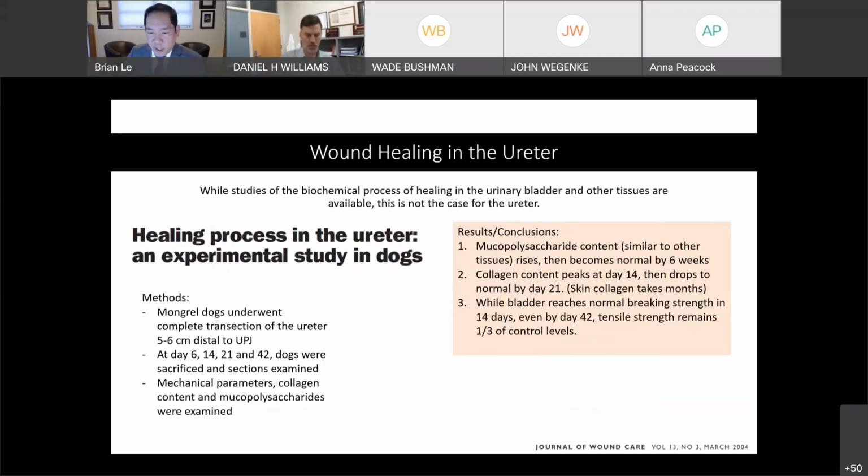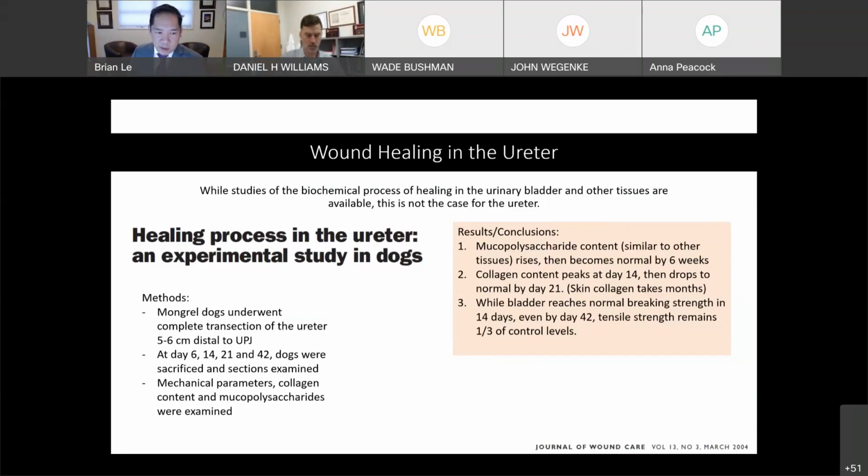However, when really trying to look through the basic science literature on ureter-specific wound healing, and how that's different from kidney healing, bladder healing, et cetera, there really is not much out there. I could only find maybe less than 5 papers on the specific wound healing aspects of the ureter.